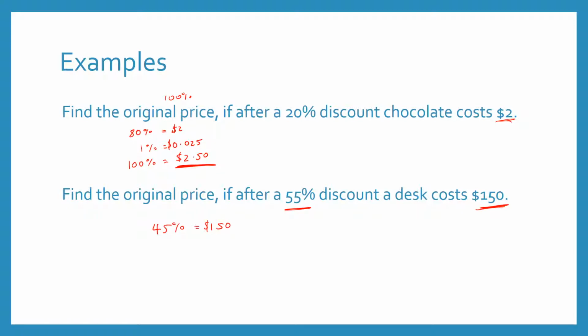We want to find out what 1% is, so we would divide 150 by 45 and we would get 3.33 recurring. And then we find what 100% is, so that's in dollars, and we're going to get $333.33. So that's what the original price was.